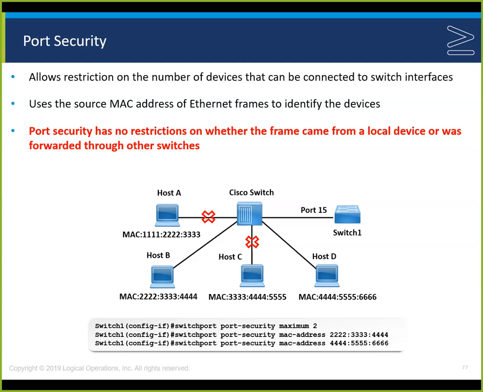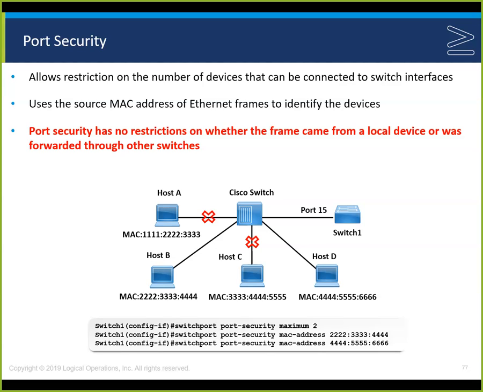So you may have to have more than one of those. If you have virtual machines running on a physical machine, they're going to have their own MAC address. So you have to take those kinds of things into consideration when you configure the maximums.